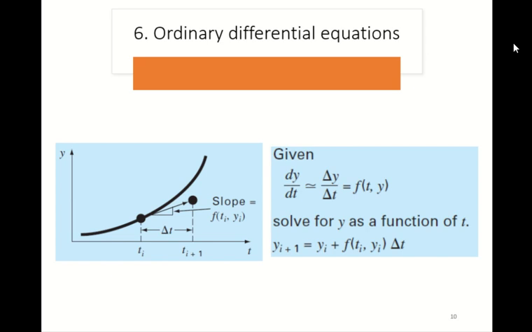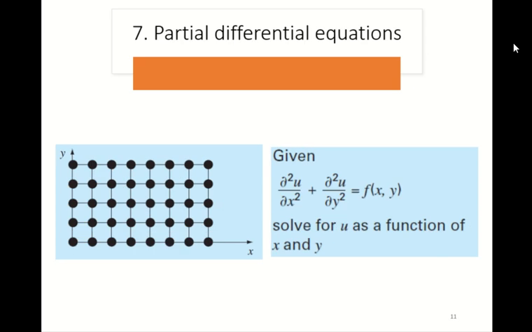You can take the whole curve as one, or use partial differential equations, where we divide the whole curve into small parts and do the derivative separately for each part.